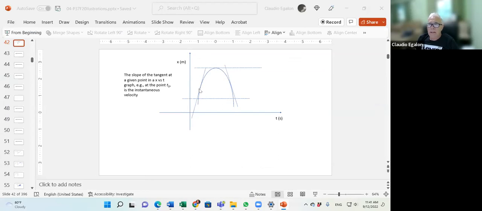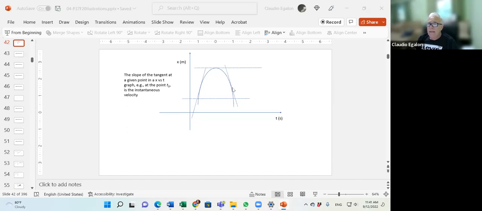You have an instantaneous velocity here, another here, and another here. Up to here, the instantaneous velocity is positive. Past here, the instantaneous velocity is negative.